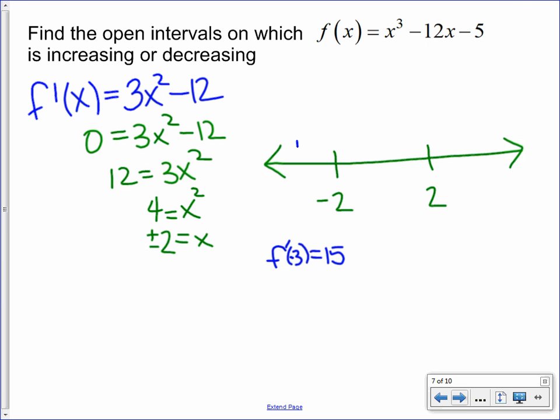So I'm going to put a little positive here, because on that interval our derivative is positive. All right, now what would you like to test between -2 and 2? 0. And when we plug in 0 to the derivative, we get -12. So our derivative is negative in between -2 and 2.